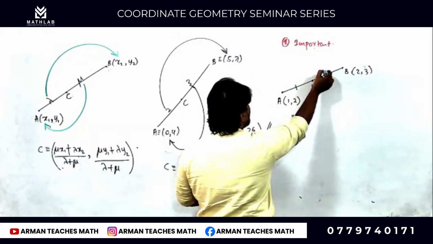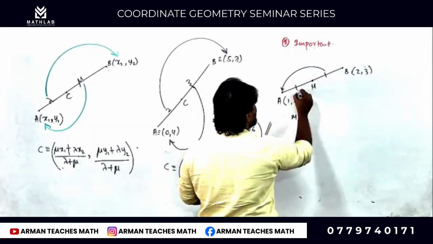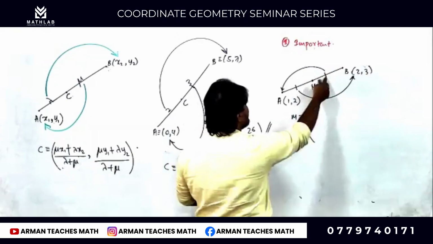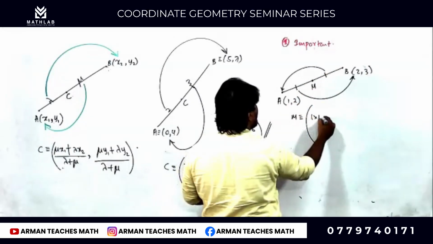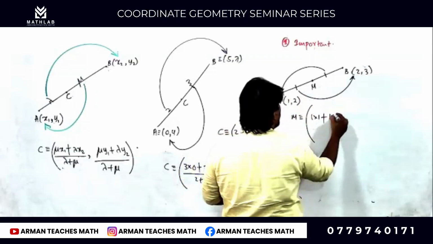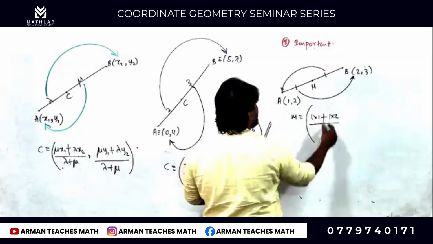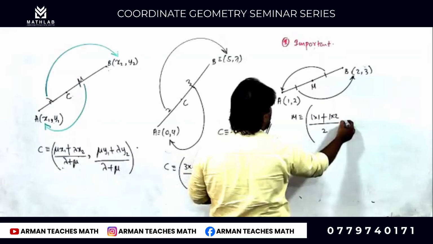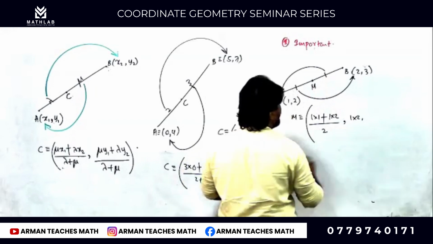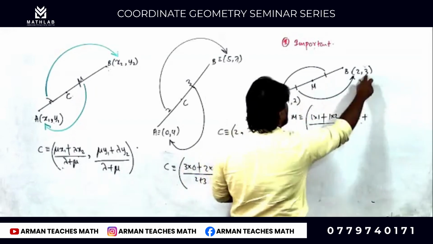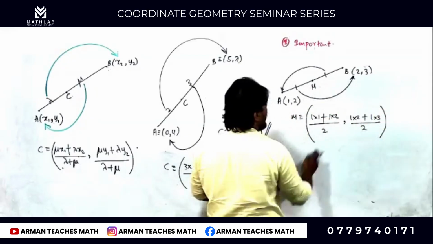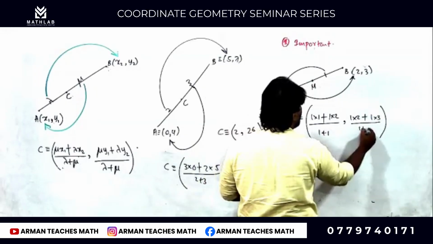This ratio times this side's coordinate, and this ratio times this side's coordinate. For the x coordinate: 1 times 1 plus 1 times 2, divided by 1 plus 1, is 3 over 2. Now the y coordinate: 1 times 2 plus 1 times 3, divided by the sum of the ratio, 1 plus 1. I'm just applying that formula.